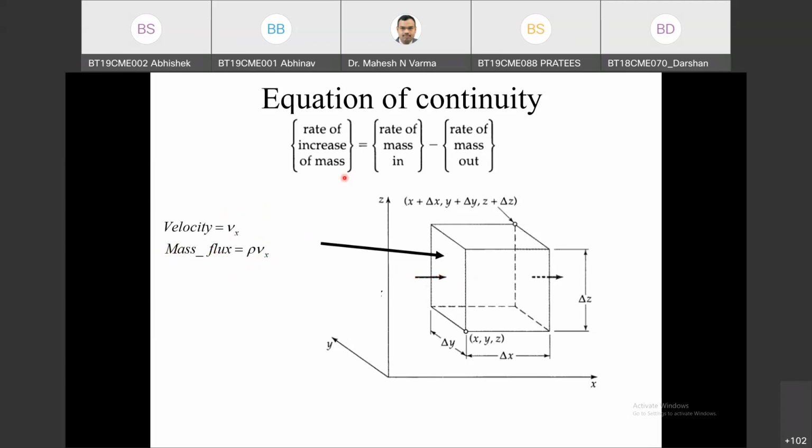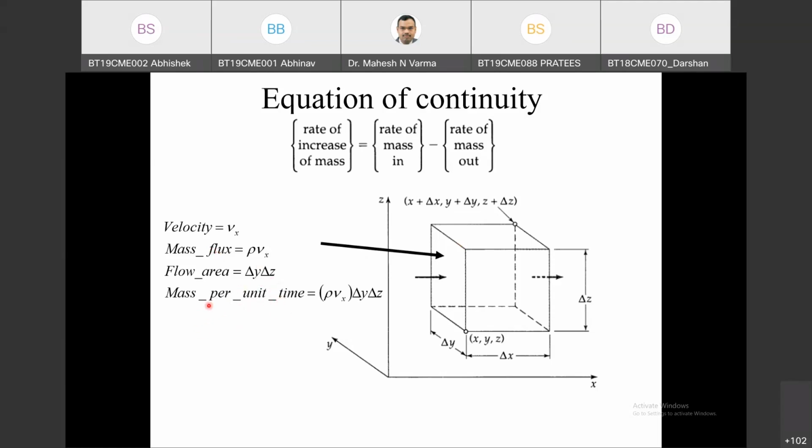What will be the cross sectional area? This will be delta Y into delta Z. Delta Y into delta Z is the flow area. Now mass flux into flow area will be a rate, mass per unit time.